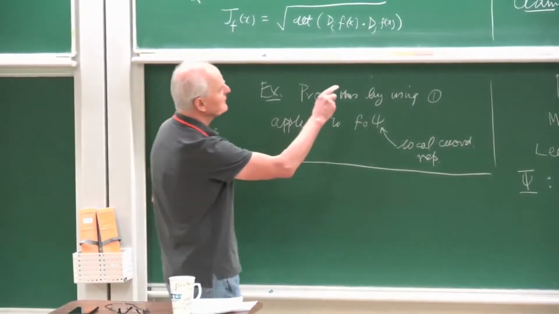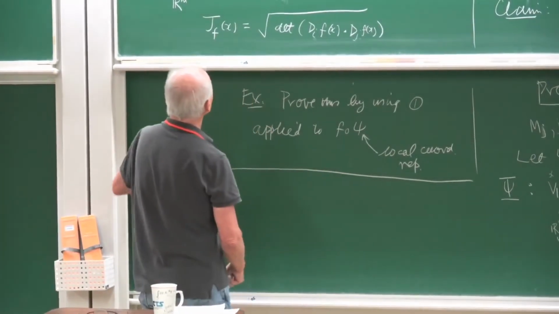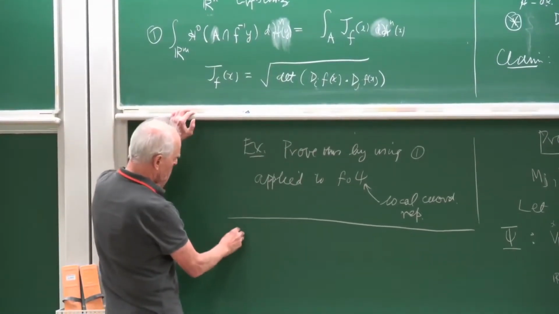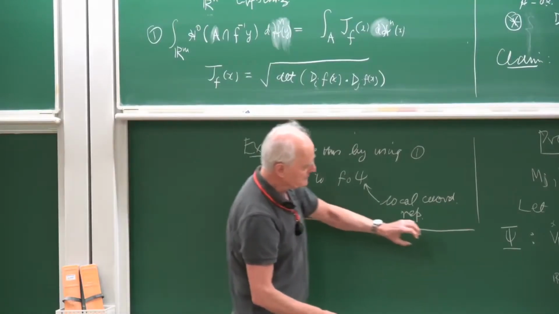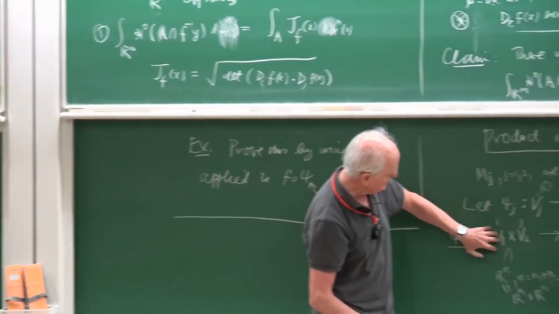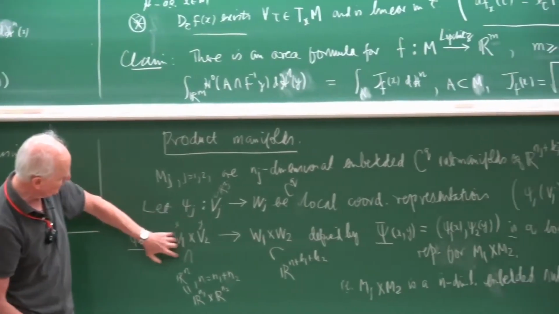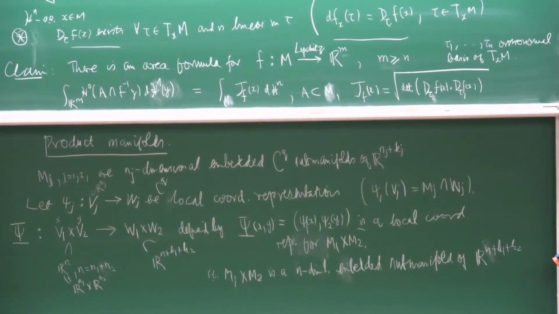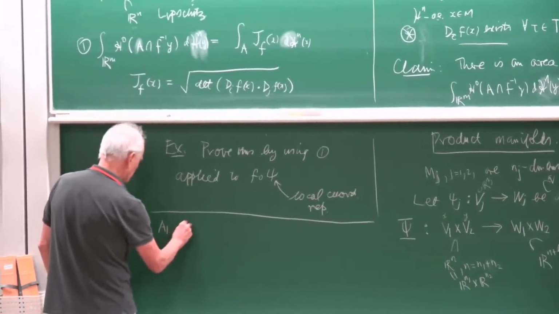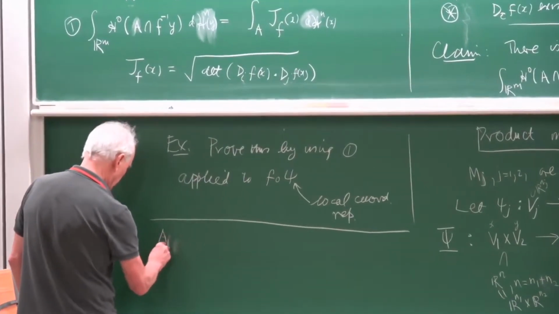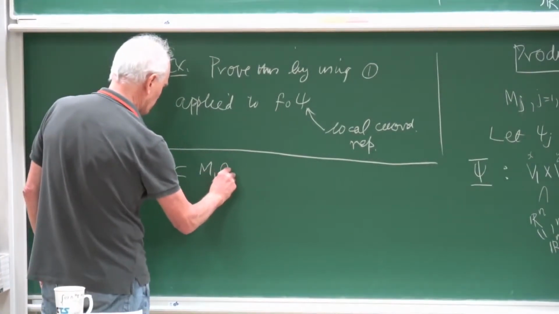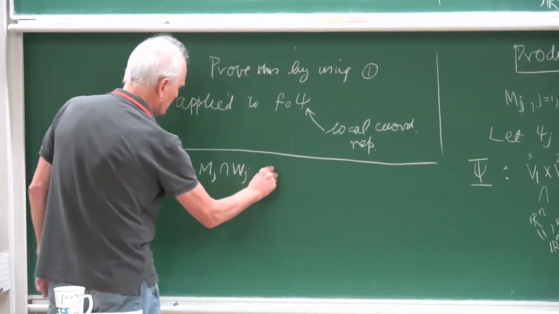According to our formula, the standard area formula, if we apply it to the local coordinate representations Phi1 on V1 and Phi2 on V2, take any Aj contained in Mj intersect Wj, j equals 1, 2.